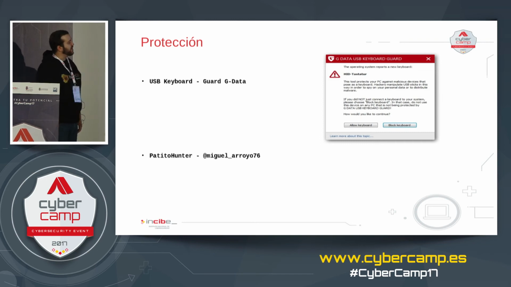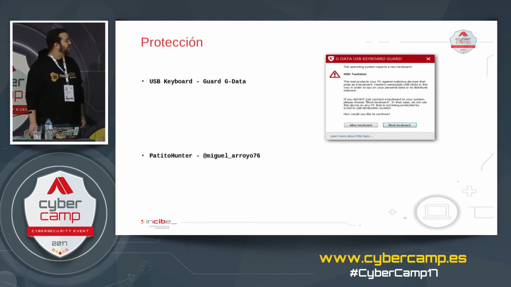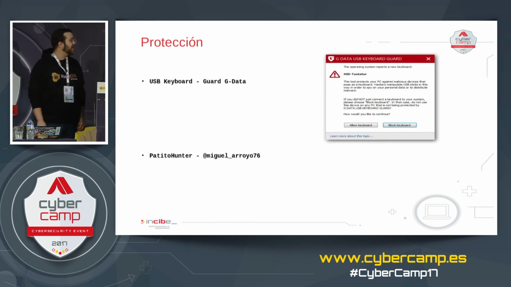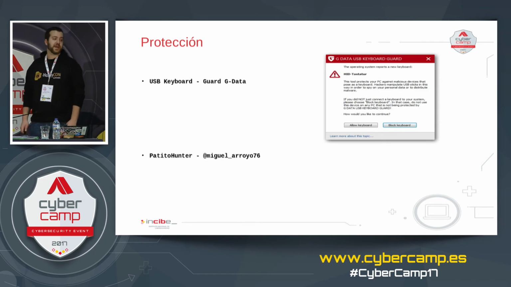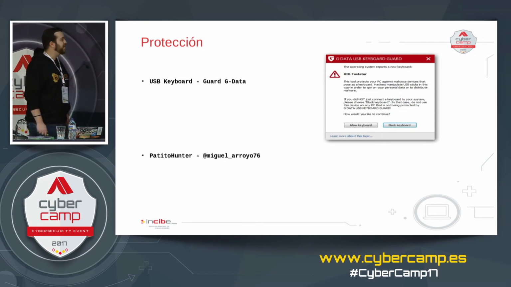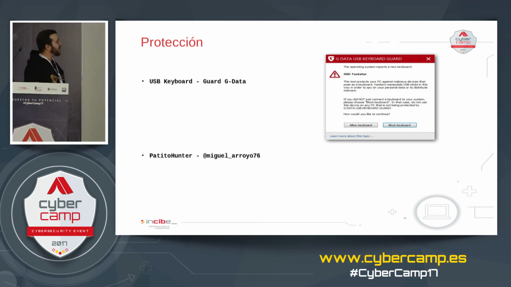And this would be some of the protection systems by companies or individuals. We have G-Data. It was one of the first ones to include this protection in their security pack, antivirus and some other uses.